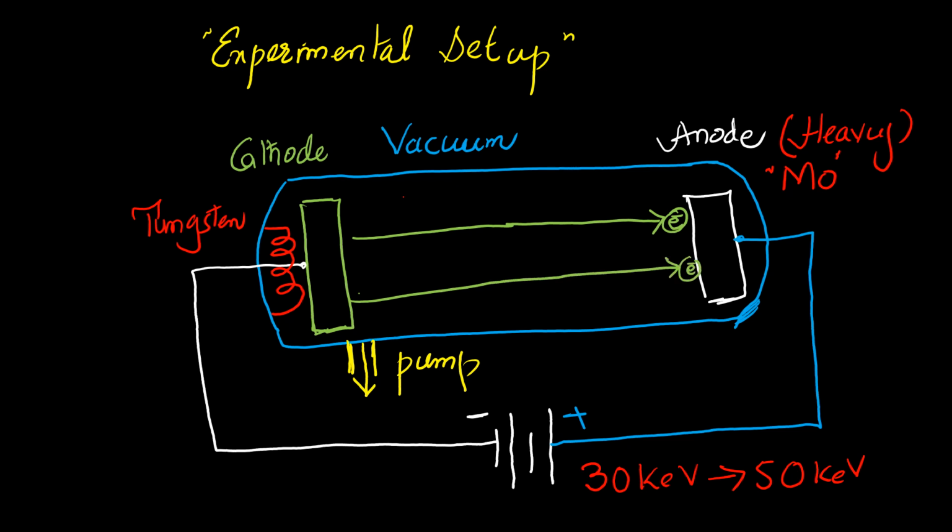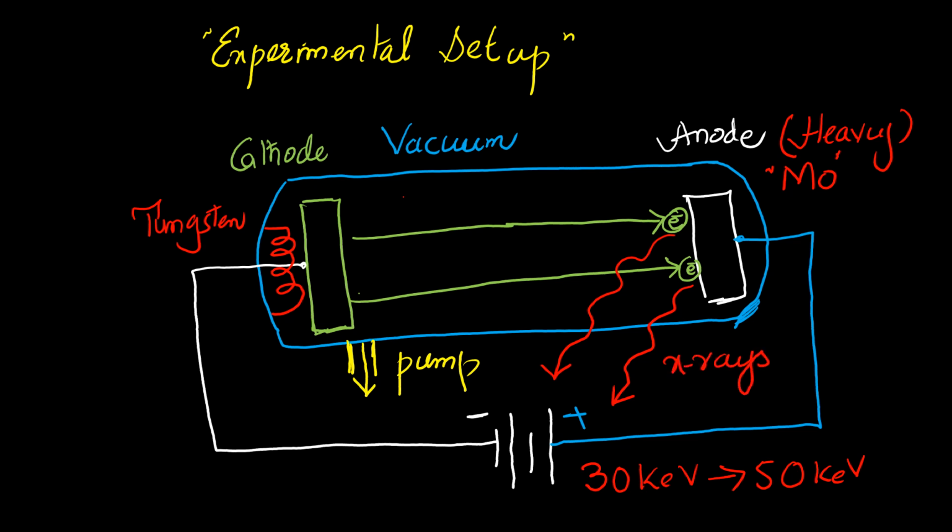Since the voltage was quite high, the electrons produced by the cathode have very high energy. Whenever these highly energetic electrons fall on the surface of the metallic anode, they release a new type of electromagnetic radiation, and these new types of electromagnetic radiation are known as X-rays.